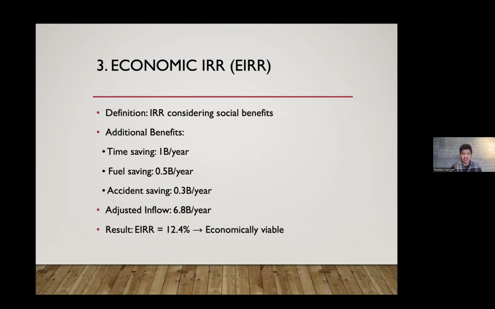The result of the EIRR is around 12.4%, and it is economically viable because the EIRR percentage gives the economic considerations for the construction team to make a decision on whether the project must proceed or not. Because the EIRR is very focused on the social impacts, also the social benefits of the project itself.